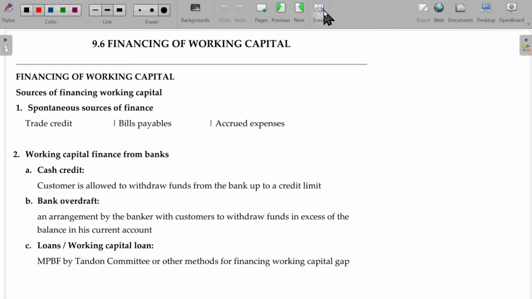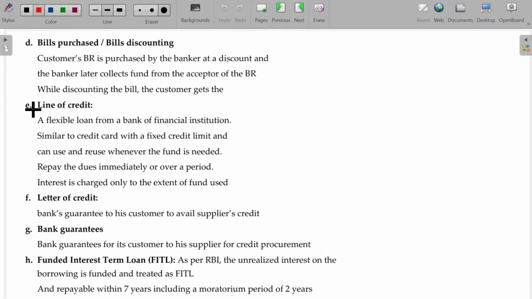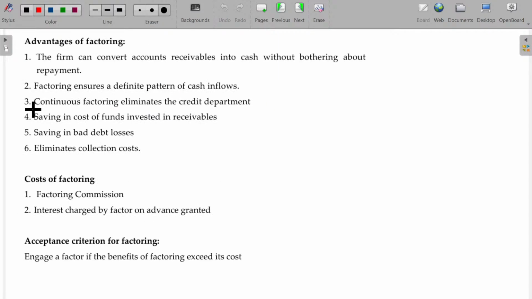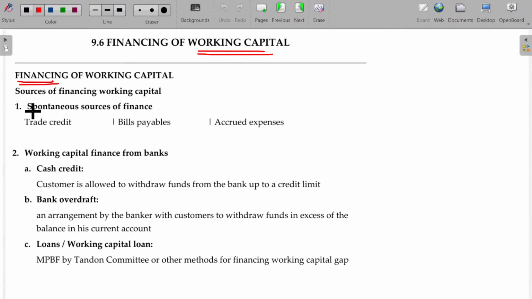So for the working capital requirement, how can we finance? The sources of financing working capital can be classified this way. Four varieties are there. One is the spontaneous source of finance.